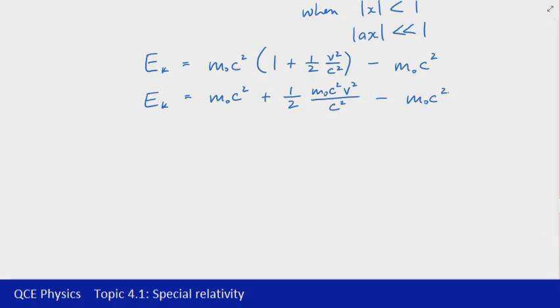We're subtracting that term, so those two terms are going to cancel each other out, and we also have c squared over c squared, and so what we're left with is our Newtonian physics version of this equation. Ek is equal to half mv squared. So you can see there that Newtonian physics is basically just a special case of relativistic physics where the speeds that we're dealing with are significantly slower than the speed of light.